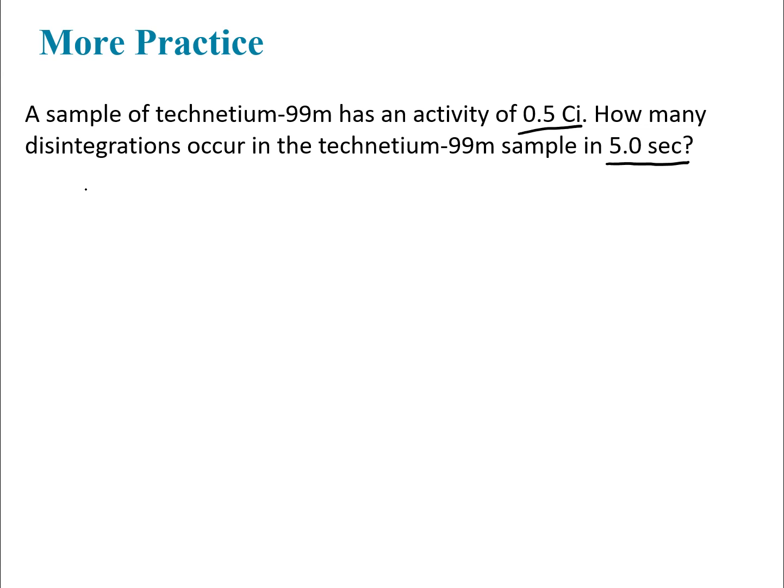We have to relate our 0.5 curies to some number of disintegrations per second. The way that we're going to do that is to go from curies to becquerel, and from becquerel to disintegrations per second.